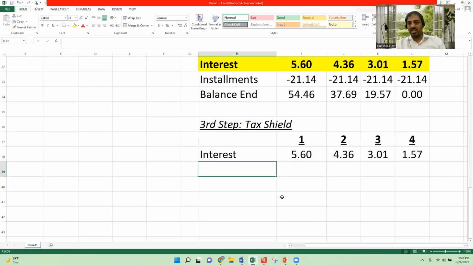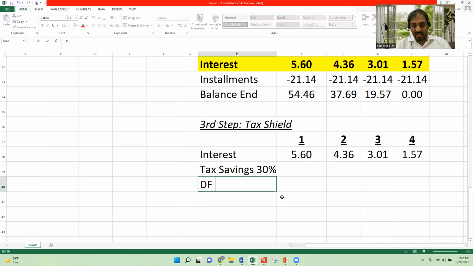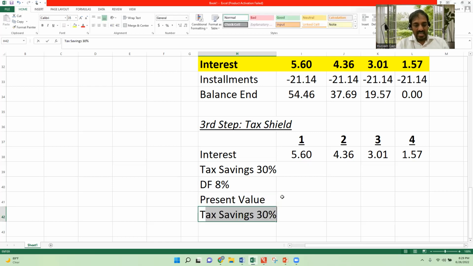Interest is not relevant. Number two, tax savings with the 30%. Then discount factor. And what is the discount factor here? 8%. And then present value. And then calculate tax saving, tax shield.